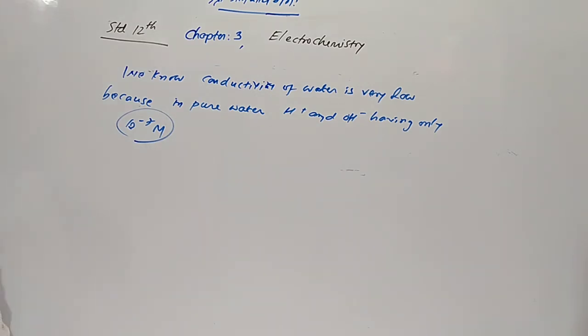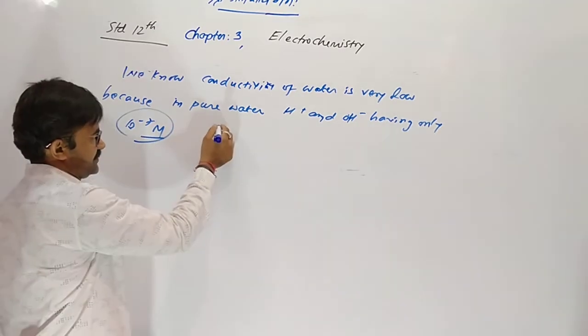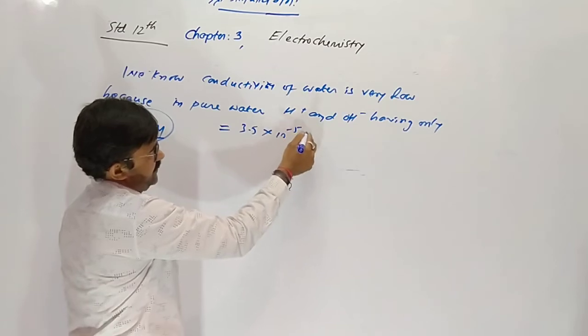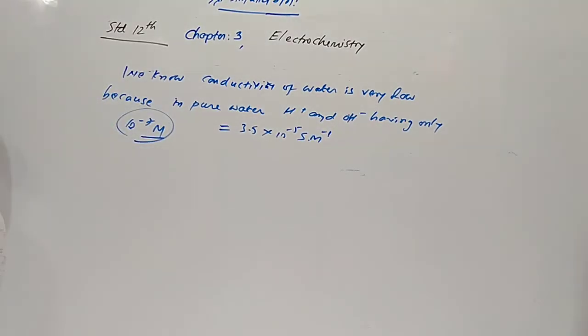Pure water has very low conductivity because it has only 10 raised to minus 7 H plus and OH minus, and conductivity is 3.5 times 10 raised to minus 5 Siemens per meter, which is very low.